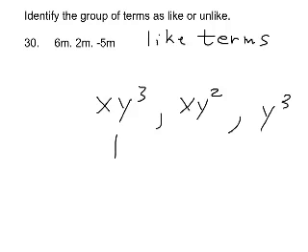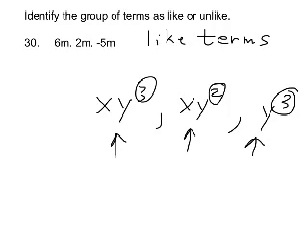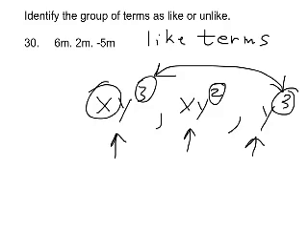These two have the same variables, but the y has a different power. This is a y to the third power, and so is this one, but this one has an x multiplied times it. See, so they're all unlike terms. Whether you have a negative or positive or a constant in front of it, that doesn't affect whether they're like terms or not.